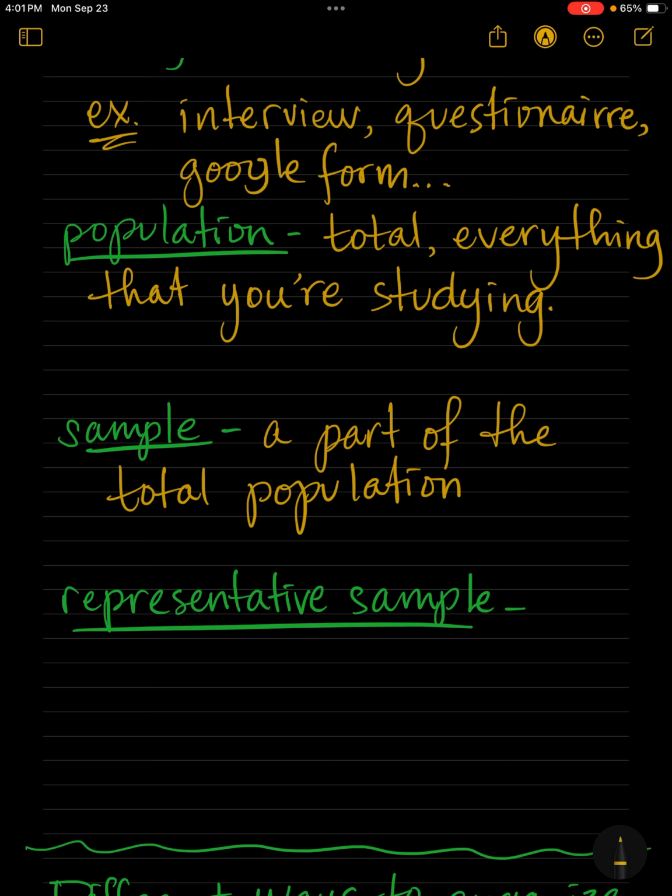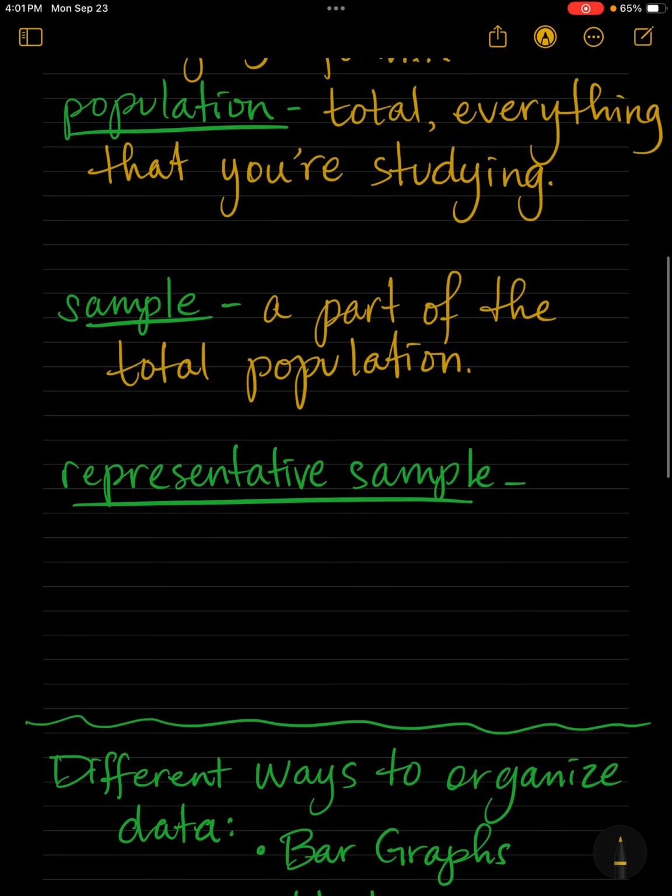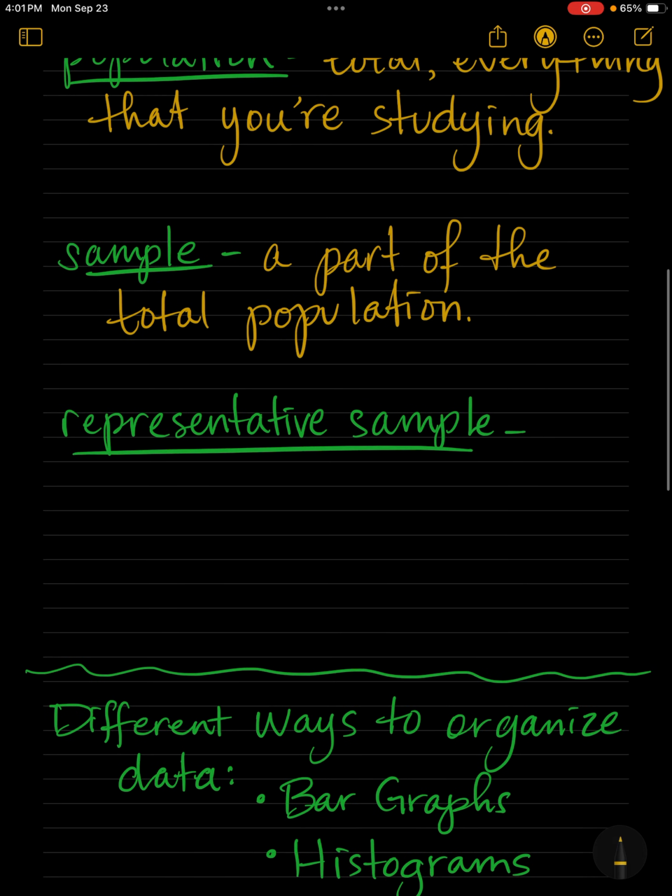But in order for this to be a good sample, you would want to represent the United States. You wouldn't only want to talk to married women between the ages of 50 and 60. That wouldn't be a good sample. You'd want to represent every single demographic and in proportion.